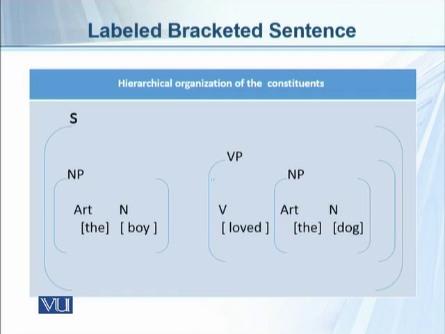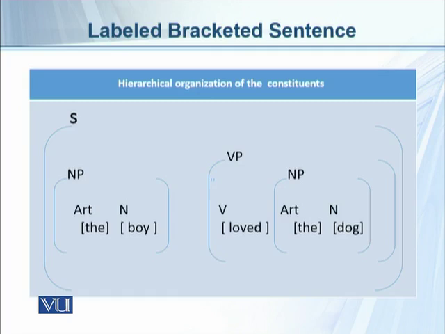The noun phrase consists of art, article, and noun. Each constituent of the noun phrase is labeled. Then we have a verb phrase. The verb phrase consists of a verb plus a noun phrase. So we have brackets around the verb, that is "loved", and then the bracket of the phrase around "the dog", that is a noun phrase, and then art and noun.